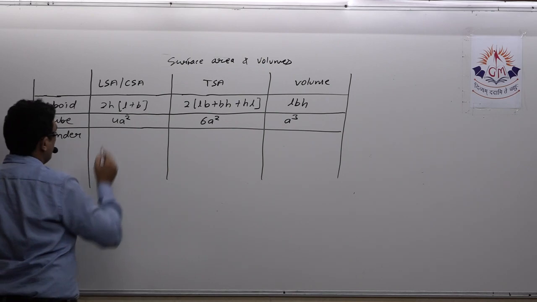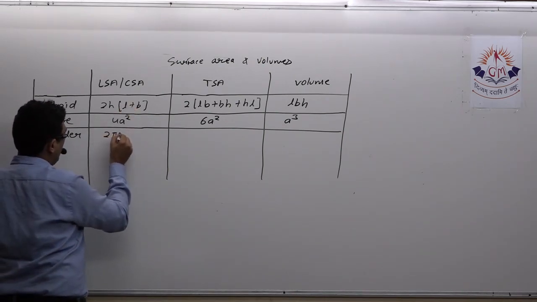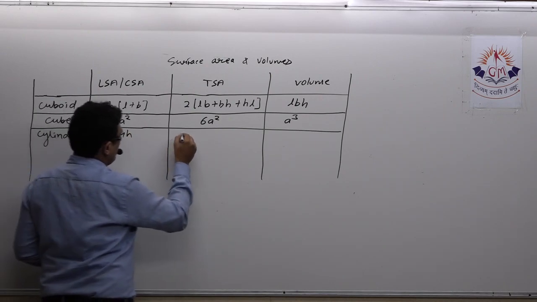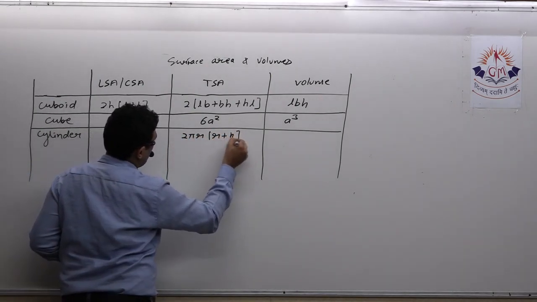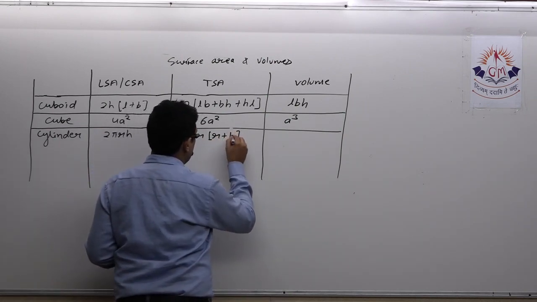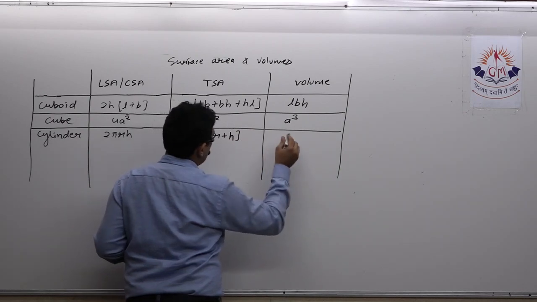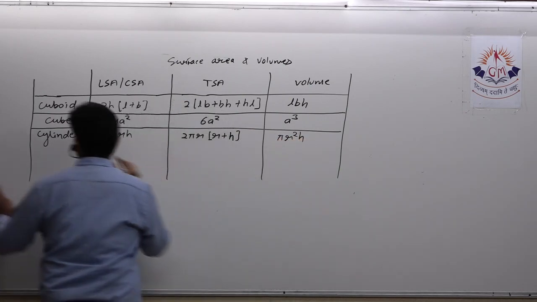Here we use curved surface area, that is 2 pi r h. Total surface area is 2 pi r (r plus h). Then volume is pi r square h.